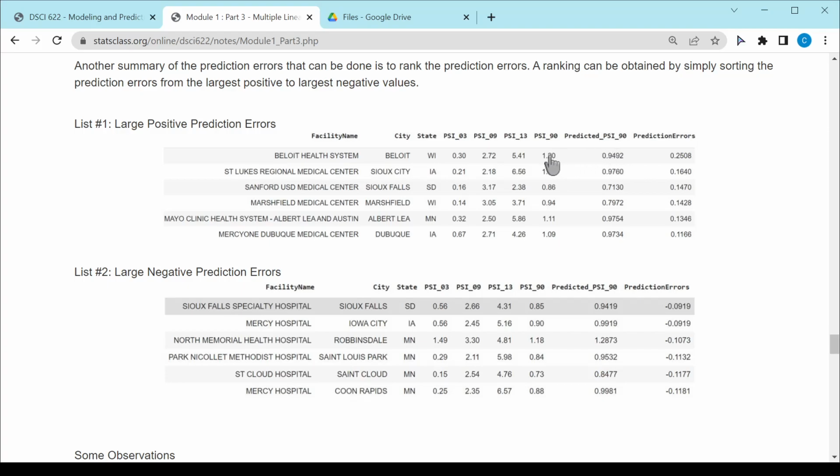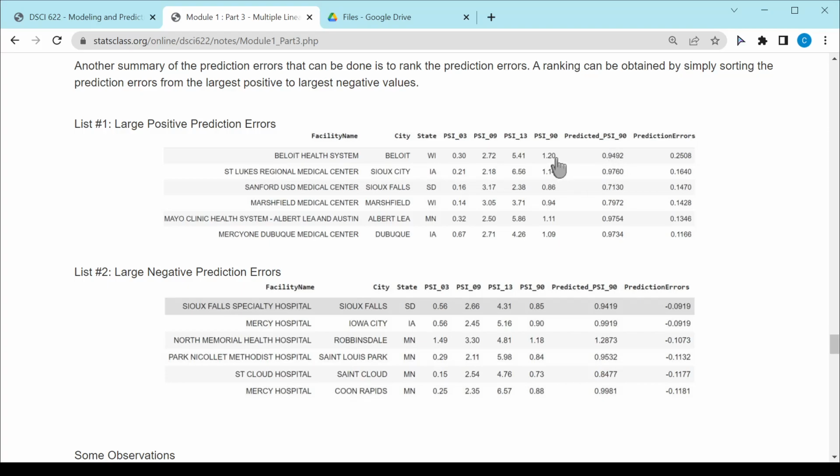So again, they're much higher than what they should be given information about these three predictor variables. Another one that's doing poorly is St. Luke's Regional Hospital here. Now, there might be reasons for why these values are higher than they're predicted. But when I'm looking at the PSI 03, 09, and 13 predictors, their predictions are much lower than what their actual values are.